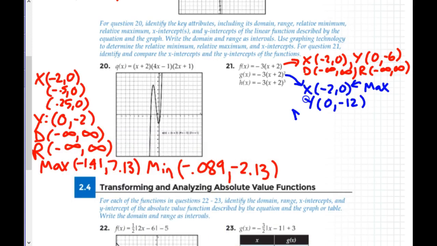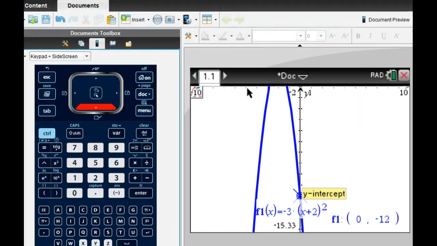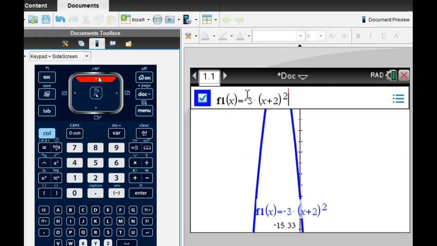And then the domain is always negative infinity to positive infinity, but the range goes down forever up to negative 12. So negative infinity up to negative 12, bracket. And then let's cube it. So tab, go back up.